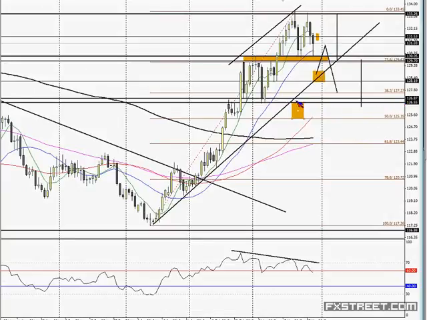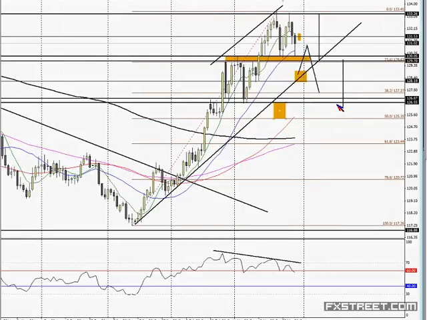Give it some elbow space. I say it could actually extend even lower to 125.35, 50% retracement. Okay, but this is the zone where I would be looking for renewed buying in this pair. Okay, now, I'm not saying the market might not even get there before pushing higher.